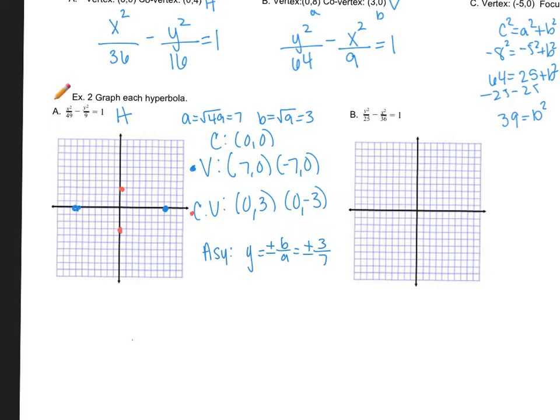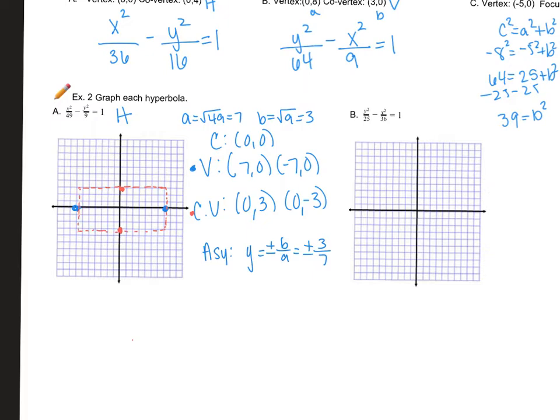Now for the asymptotes, especially when it gets harder, when we get to ones where the centers are not at (0, 0), we can graph the asymptotes really easily by creating this hypothetical box. So we create a box connecting my co-vertices with my vertices, and do it dotted because it's to help you with your asymptotes.